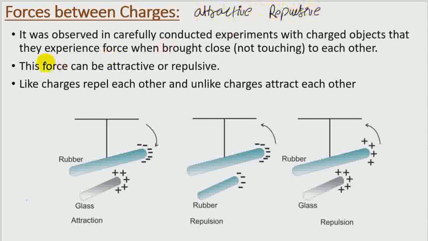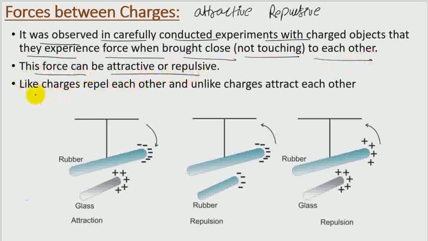It was observed in carefully conducted experiments that charged objects experience a force when brought close to each other. This force can be attractive or repulsive. Like charges repel each other and unlike charges attract each other.